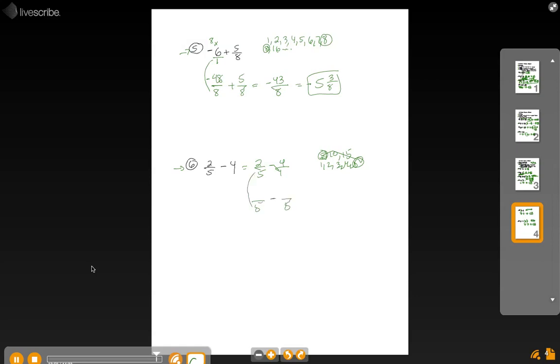So 5 divided by 5 is 1, and 1 times 2 is 2. So that fraction didn't change. 5 divided by 1 is 5, and 5 times 4 is 20. Now just go ahead and take 2 minus 20, which is negative 18. Put it over 5. Negative 18 over 5. You can convert that to a mixed number because 5 goes into 18 3 times, and I get a remainder of 3.